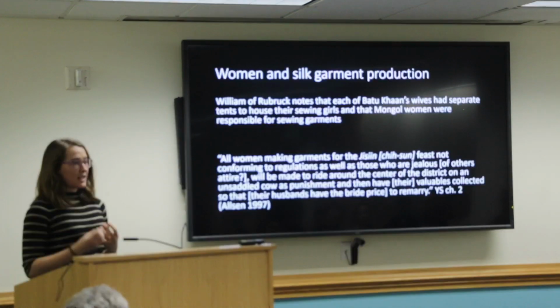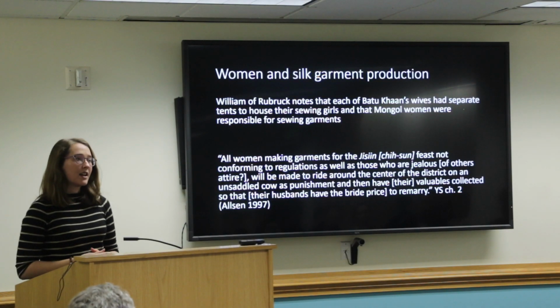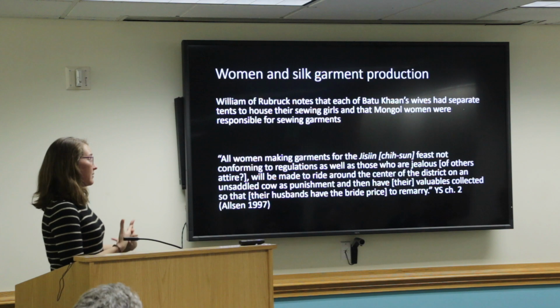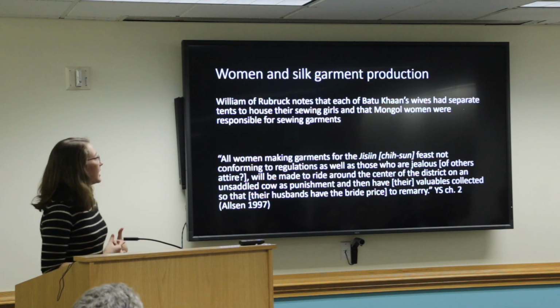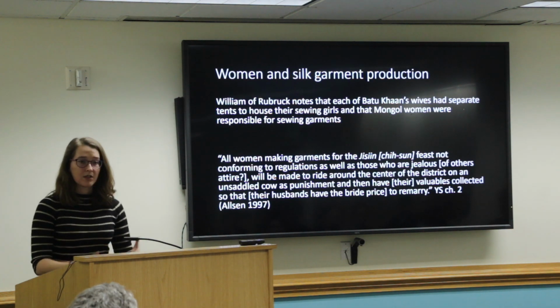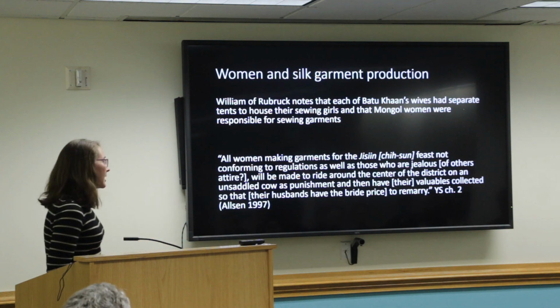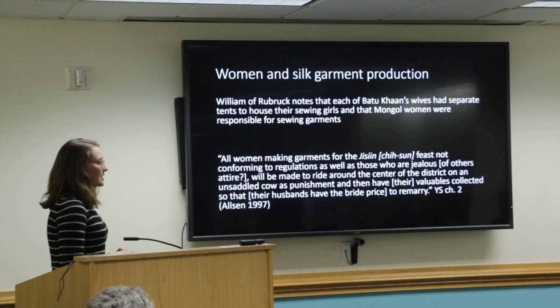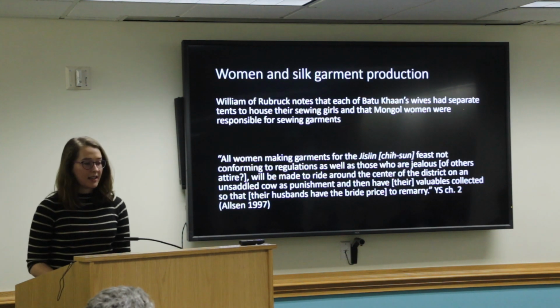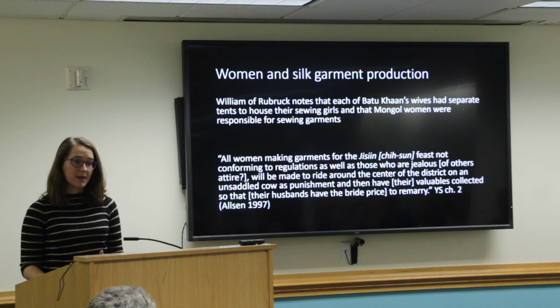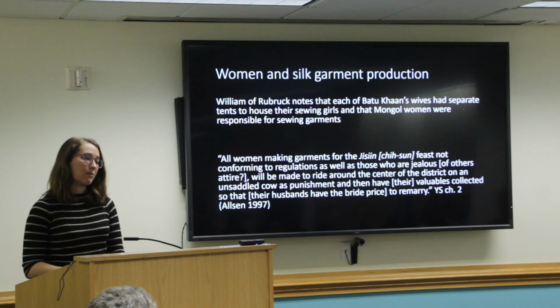But there are these hints when we look at the text where we see that women seem to be really, really involved in, if not weaving, which this golden textile is produced in these really specialized workshops. It seems that the textiles usually were brought to court, and actually garments and objects were produced by Mongol women.